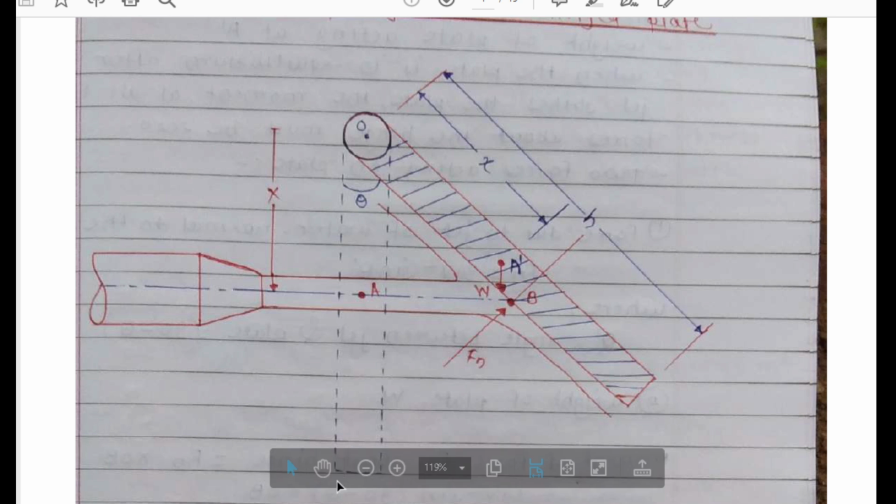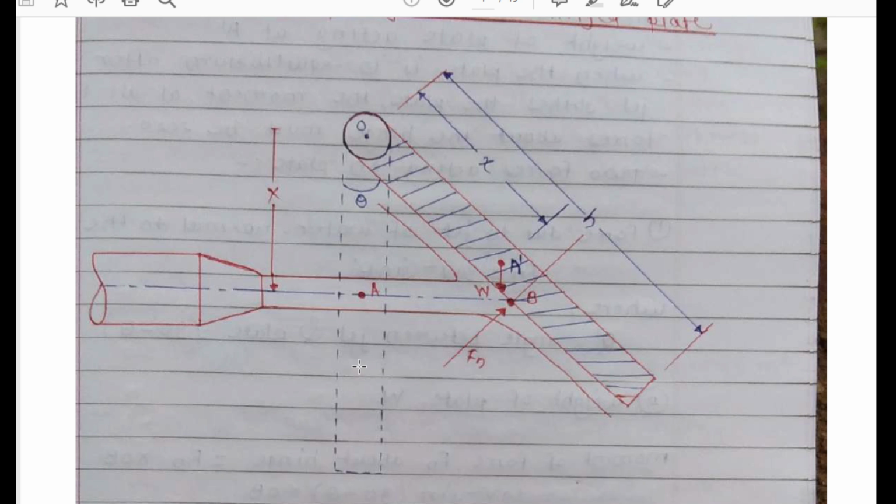This dotted portion shows that this plate, square or rectangular, is initially at this position. Whenever the jet strikes this plate, this initial position shifts to this position.